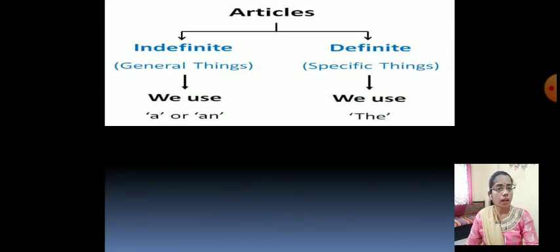See, there are two types of articles: indefinite articles and definite articles. We use the indefinite articles for general things and the definite article for specific things.